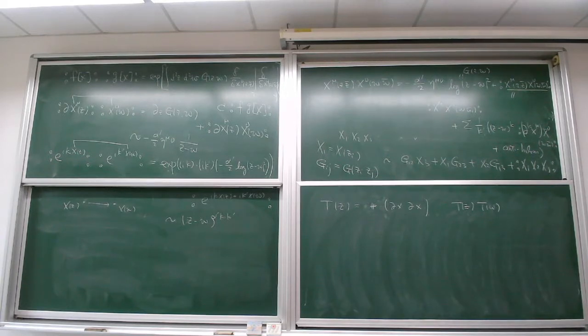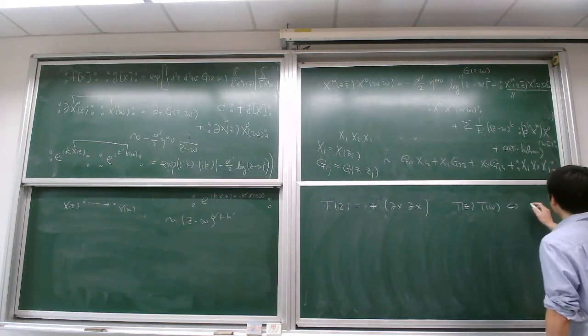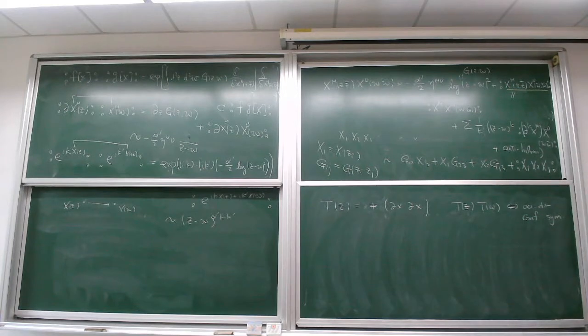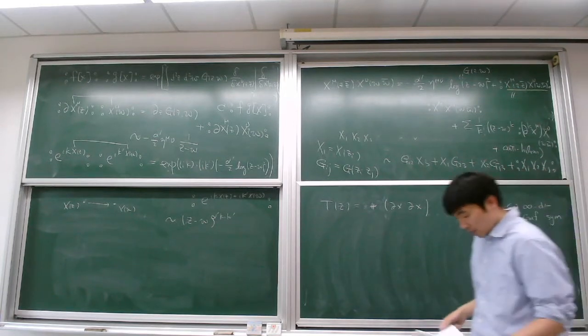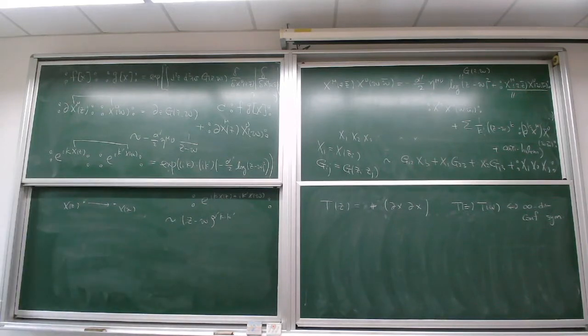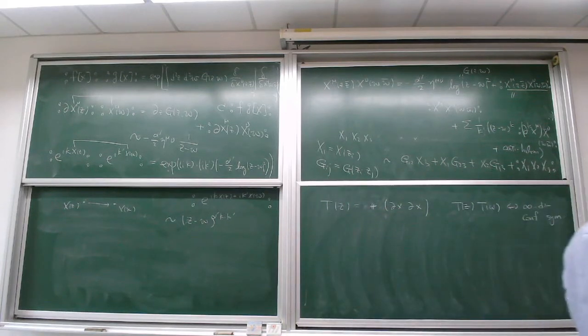That's what we are going to learn, which is very related to infinite dimensional conformal symmetry, and also symmetry. And to understand symmetry, as you know, the Noether theorem is very important, and the quantum version of the Noether theorem is the Ward identity, which we are going to learn.